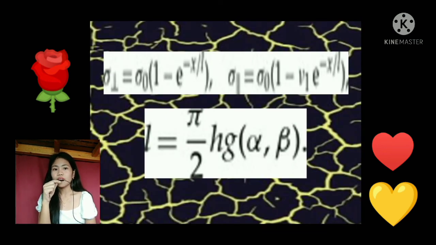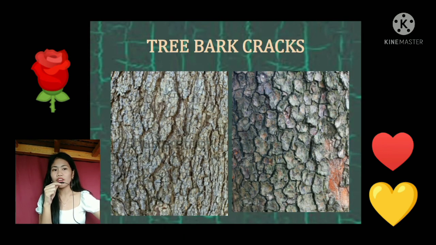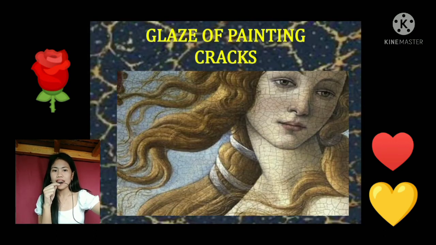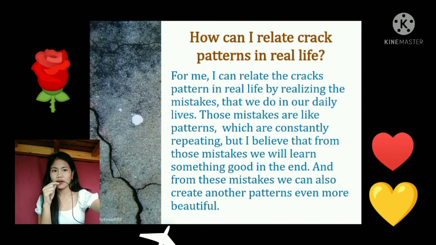The formula above is used for a long straight crack in a thin layer, while the formula below is used for a length scale over stress proportional to film thickness. Other examples of cracks are tree bark cracks, rock cracks, and glaze of painting cracks.